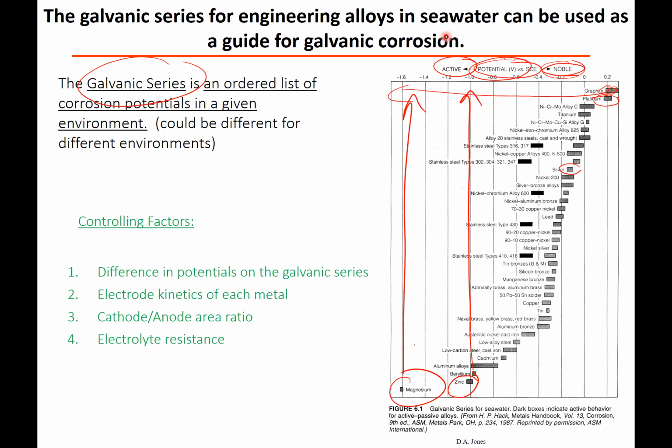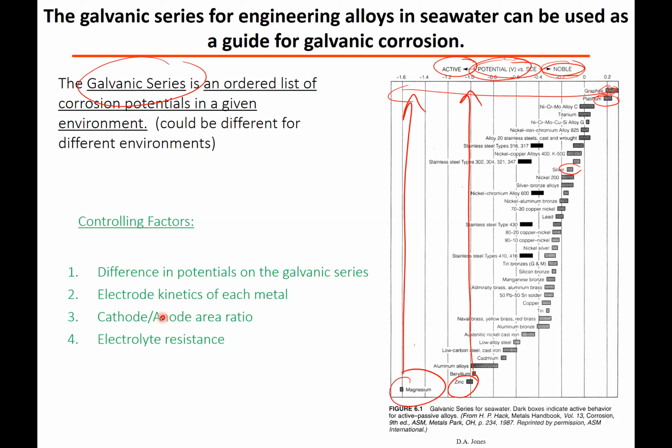Okay, and so for the scope of this class, we're going to talk about materials in seawater and environmentally assisted corrosion. We also want to be looking at other controlling factors, not only what kind of environment it's in, like seawater, but we also want to look at the kinetics and also the cathode-anode area ratios.